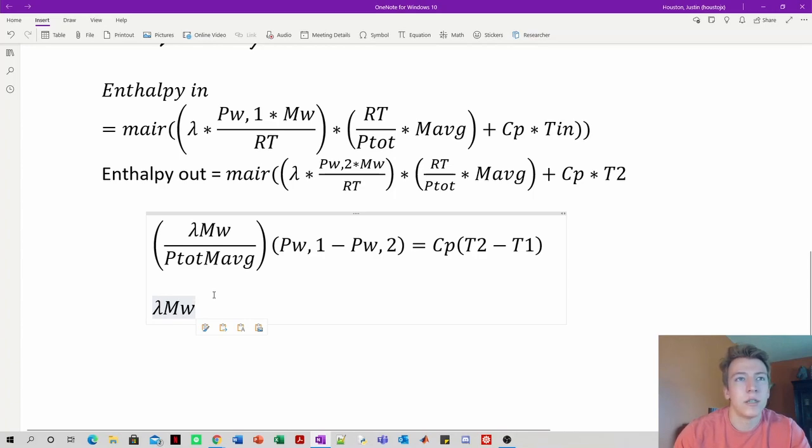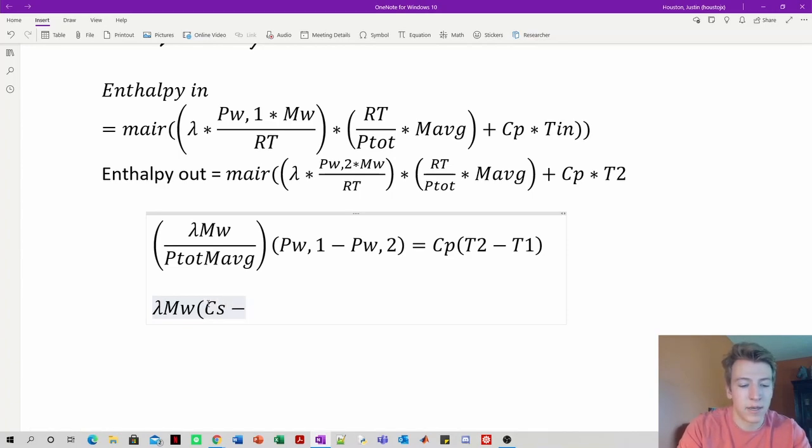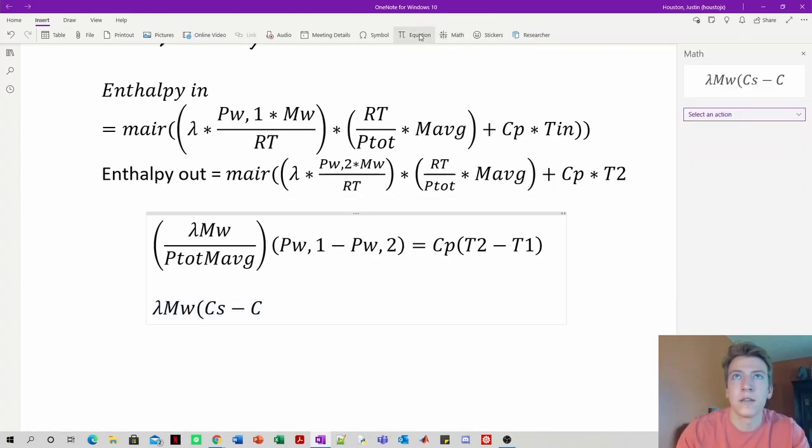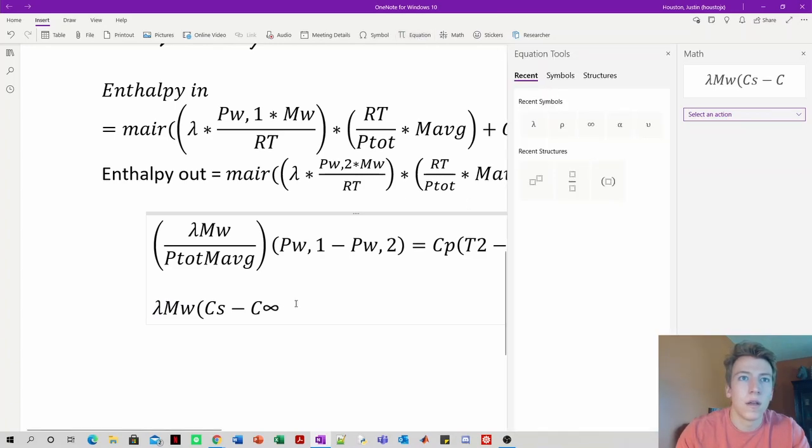Heat of vaporization times molecular weight of water times the concentration of water at the surface minus the concentration of water at infinity, or away from the surface, that is. And that's going to be equal to, actually no, it's equal to the heat capacity times, or rho CP.